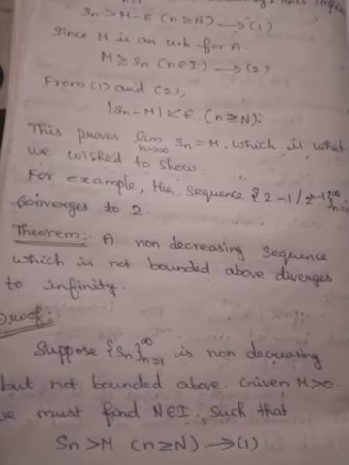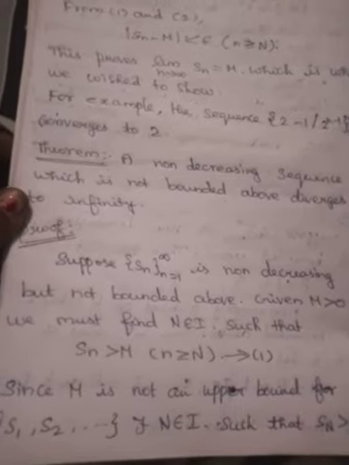Given M greater than 0, we must find N belongs to I such that Sn is greater than M, n greater than or equal to N. This is equation number 1.